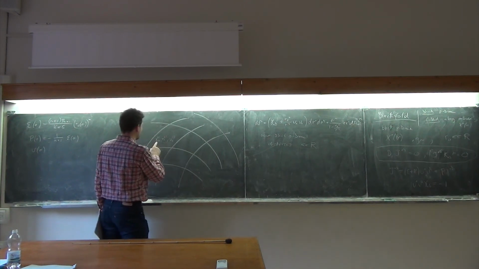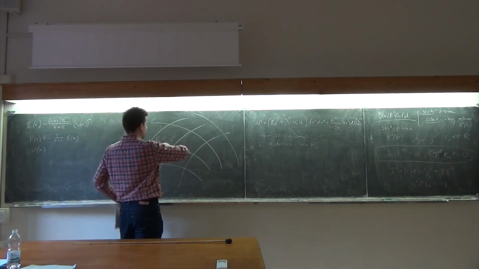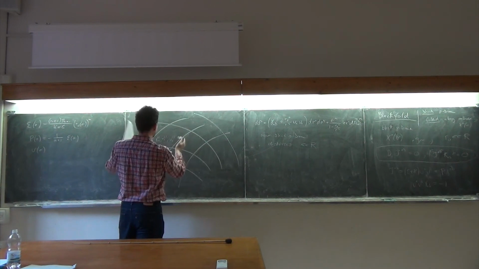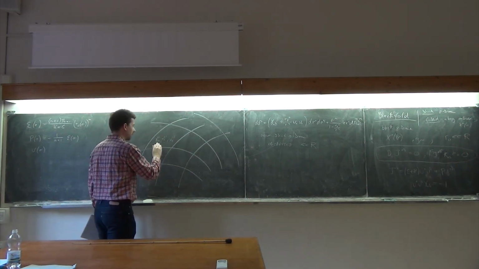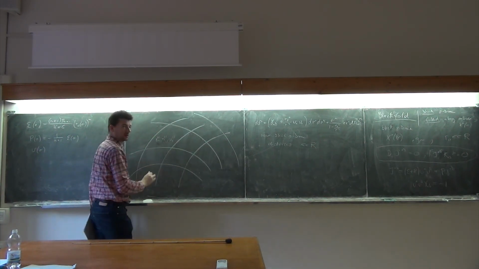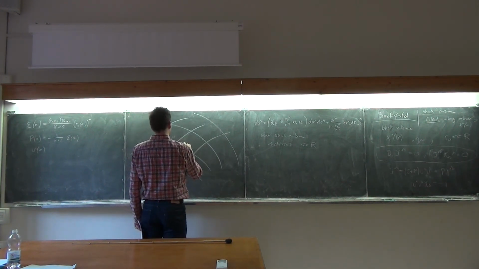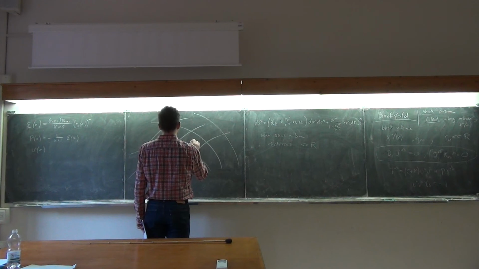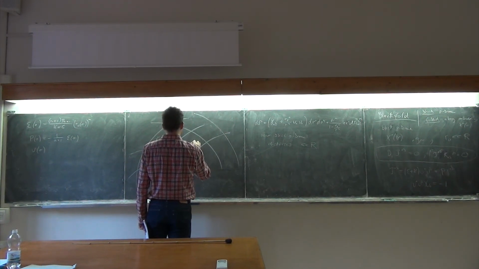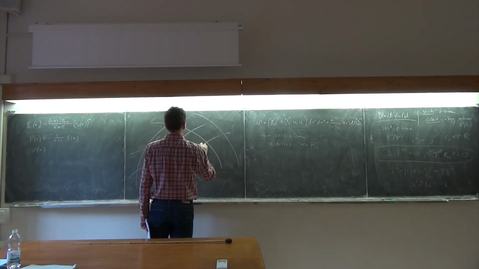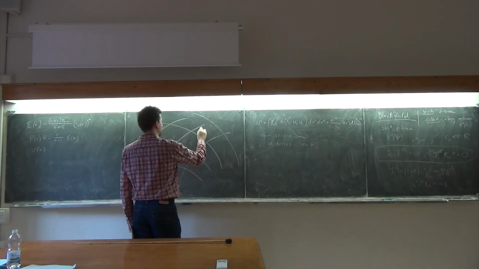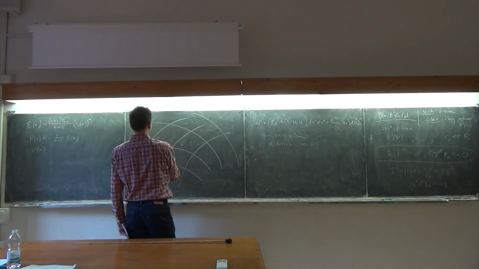You have some domains on the submanifold where you can approximately take these parameters to be constant, but then you have other domains where they have other values, and so on here.